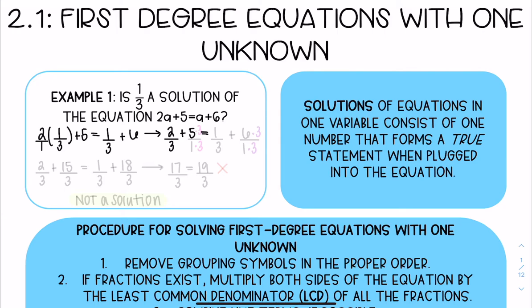And then I'm just going to rewrite the right-hand side. Now we have fractions that need to have common denominators so we can add them together. So I'm going to write my denominators of 1 so I can figure out the common denominator.